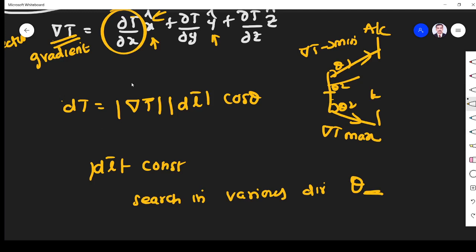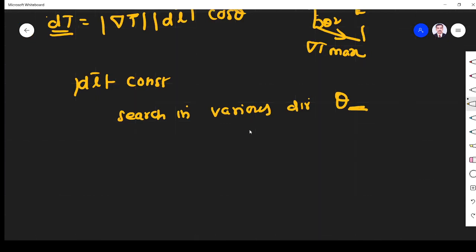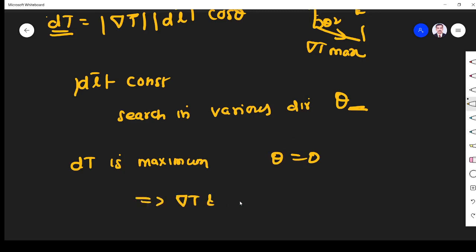So dT is talking about change. When dT is maximum, temperature change is maximum. dT is maximum when theta is 0, because cos 0 is 1. When theta is 0, what does that mean?